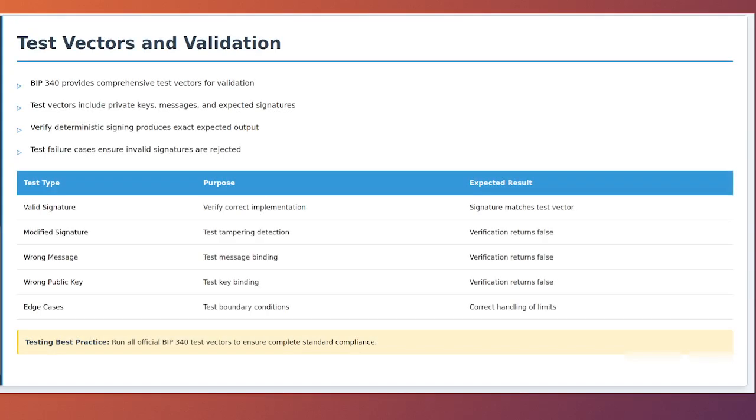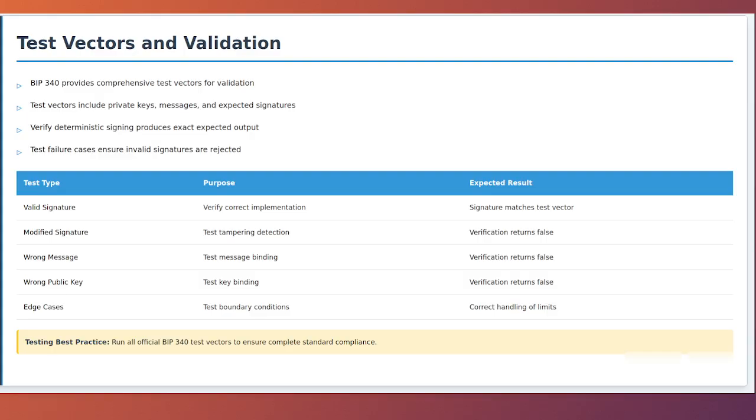Test vectors and validation. Testing cryptographic implementations is absolutely critical because even small bugs can lead to complete security failures. For Schnorr signatures, we need to verify that our implementation correctly handles the test vectors provided in the BIP 340 specification. Test vectors are predefined inputs with known correct outputs that allow us to verify our implementation matches the standard exactly.